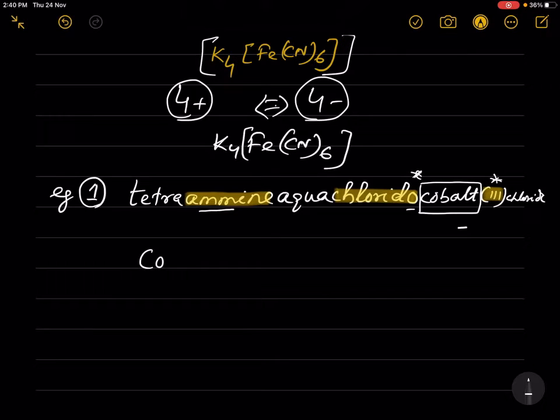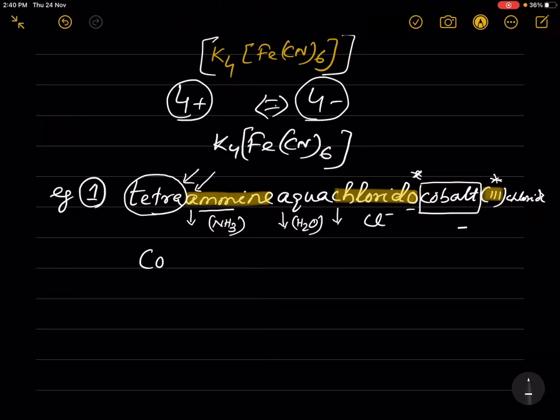Then ligands. One is amine, another is chlorido, then aqua. Amine means NH3, aqua means water, chlorido means Cl minus. The number of amine groups is 4 over here, and these are written alphabetically.